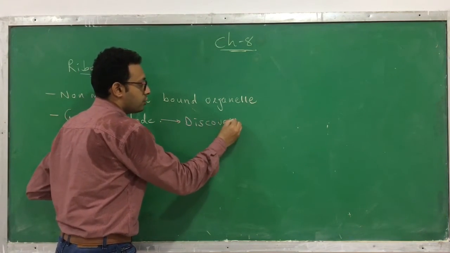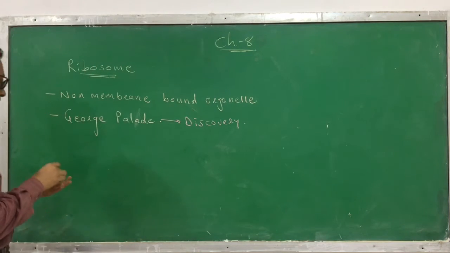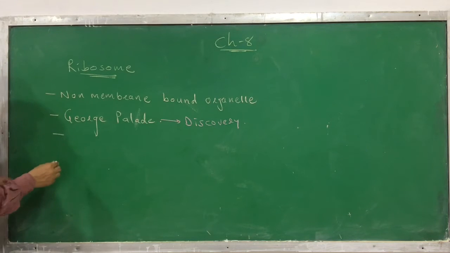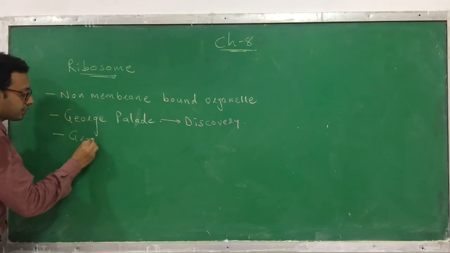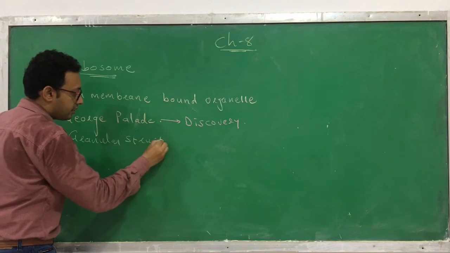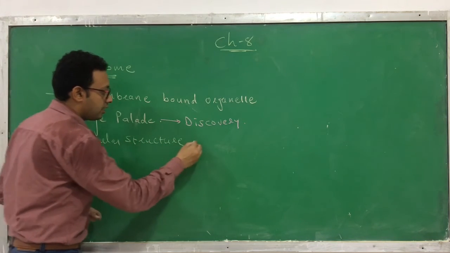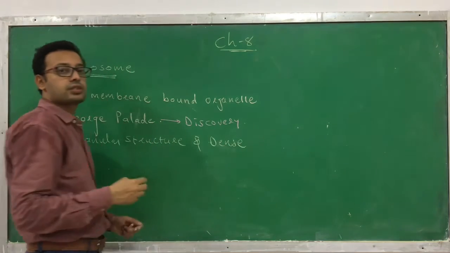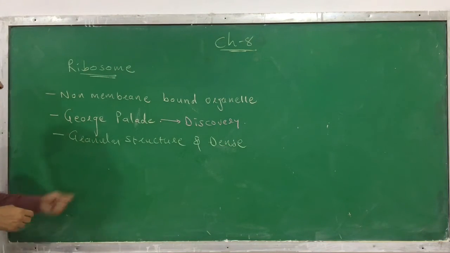Next, how has he observed it? He observed that these ribosomes are a granular structure, densely arranged. So it is a dense granular structure.